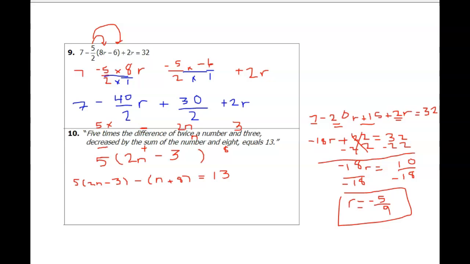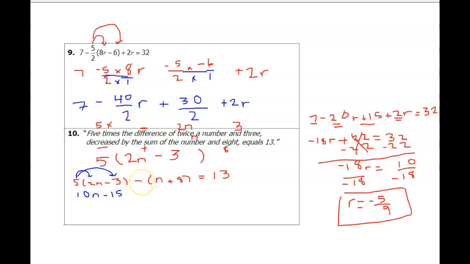We did it. Let's go ahead and solve this equation. So first step is to distribute. I notice I can distribute my 5. 5 times 2n is 10n. And 5 times negative 3 is negative 15.